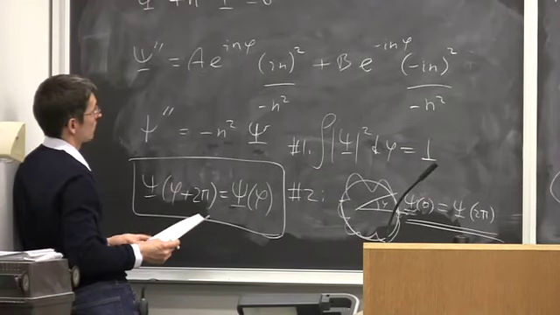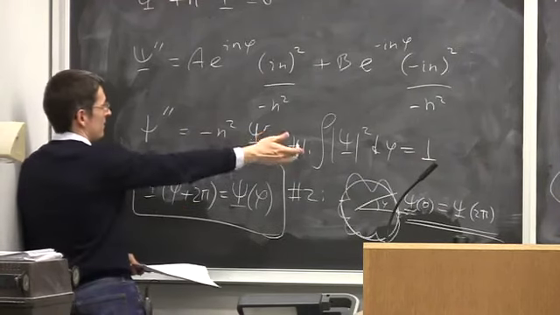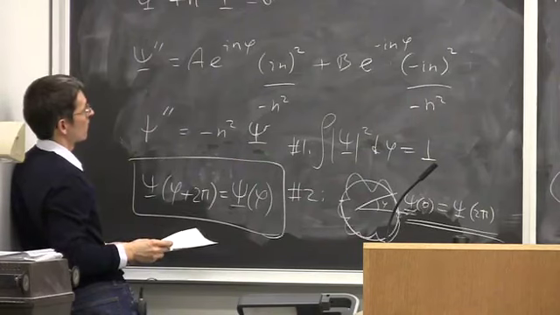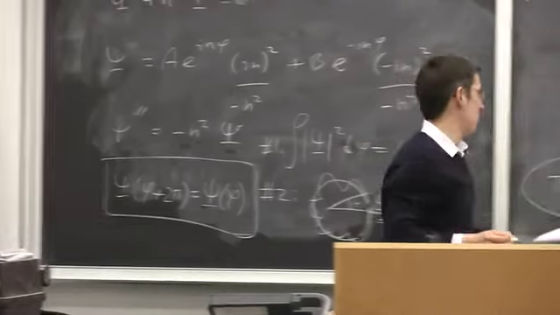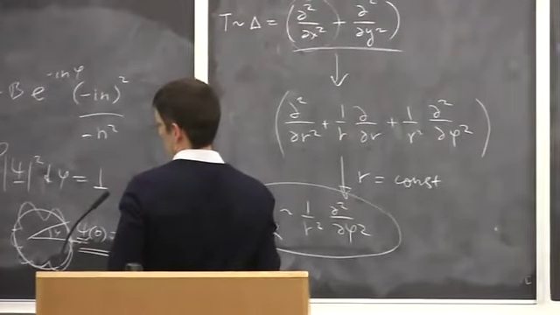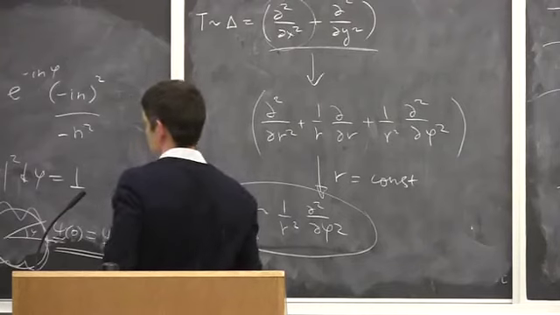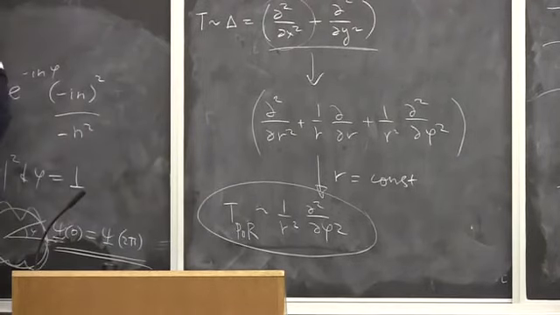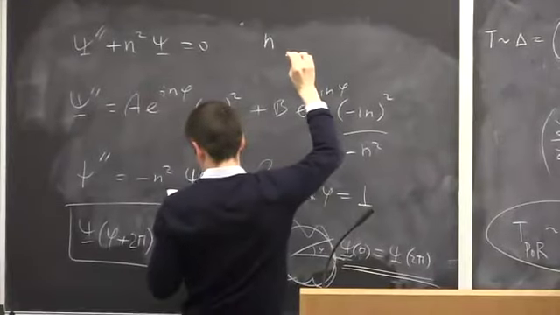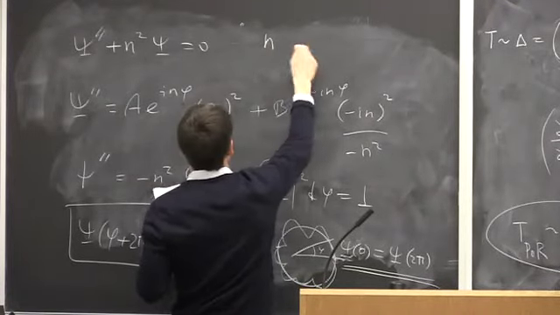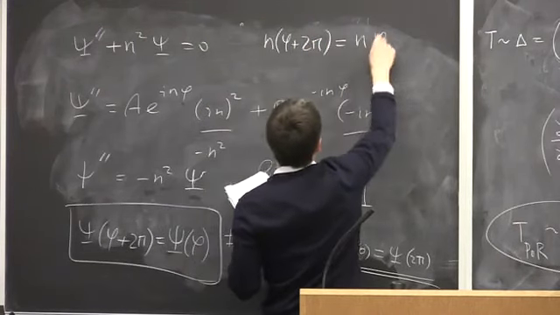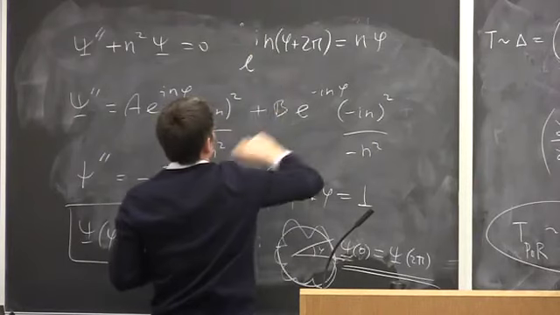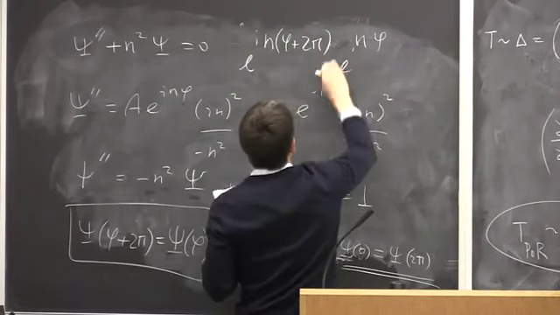Now, it turns out that if you put these two conditions, one boundary condition and the normalization condition, then you will end up with the condition that n must be such that phi plus 2 pi must be equal to n phi if we exponentiate that, right?